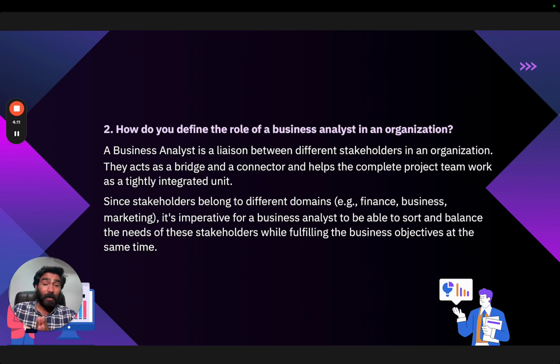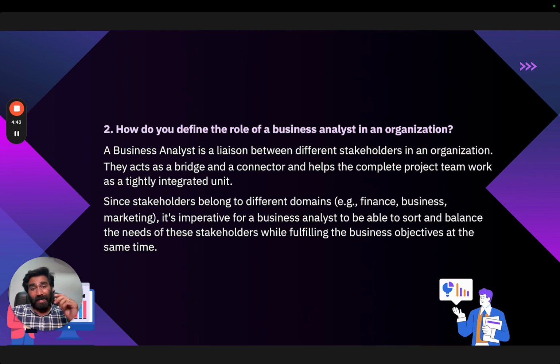It can be your marketing team, operations team, middle office, back office, developers, or any external clients, even your managers, or product owners. All of that comes under stakeholders, and as a business analyst, you will have to liaise with all of them. Business analysts act as a bridge and connector, and help complete projects, with teams working as tightly integrated units.